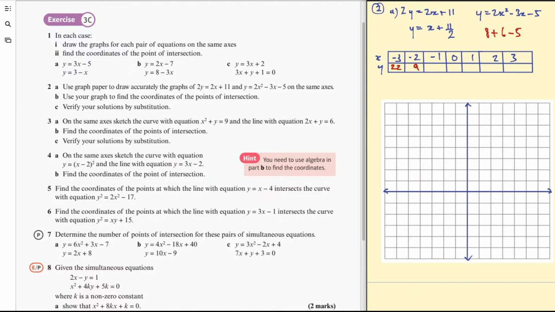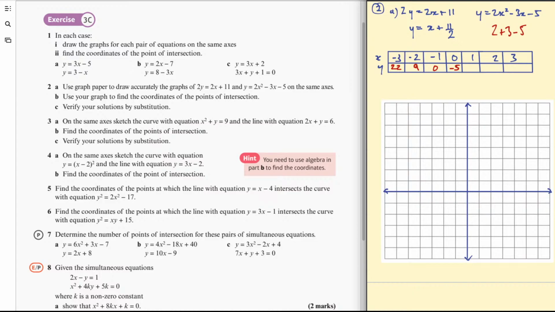Okay. Just got 9 for -2. -1: this would be 2 plus 3 take 5. That's 0. Plug 0 into this, we get -5.